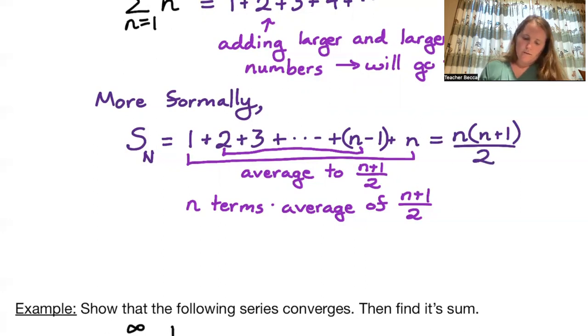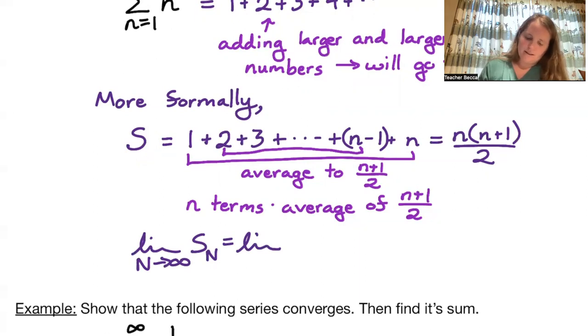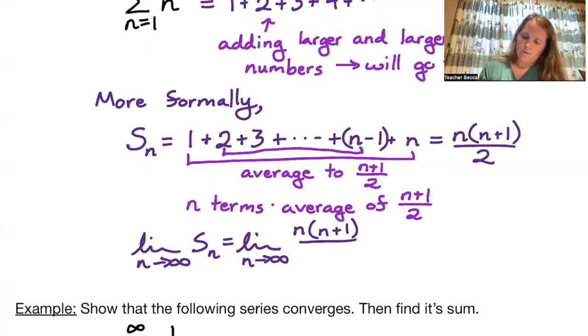So we have that the limit as n goes to infinity of S sub n is the limit, I just realized I used lowercase n's here, so I'll stick with that, the limit as n goes to infinity of n times n plus 1 over 2.